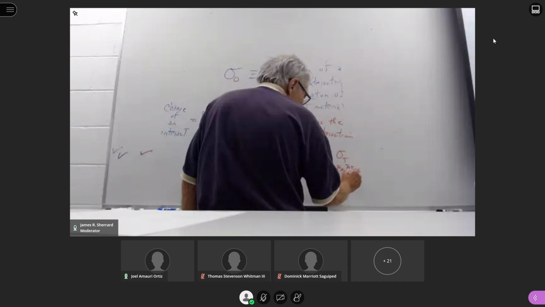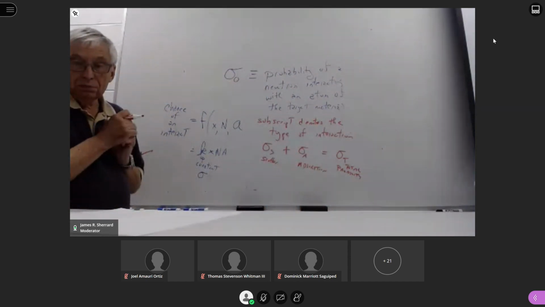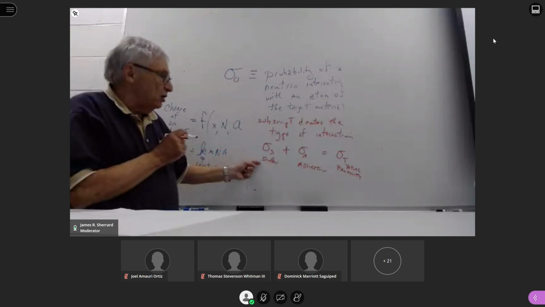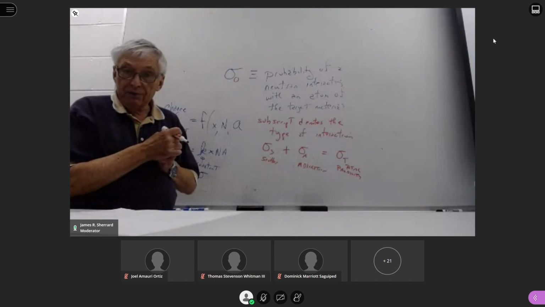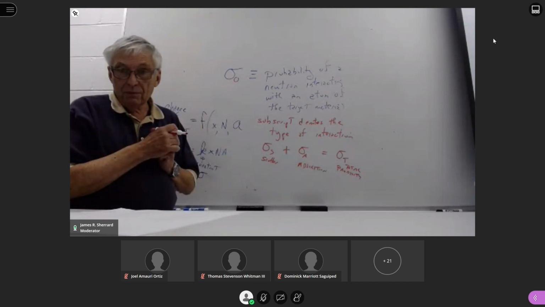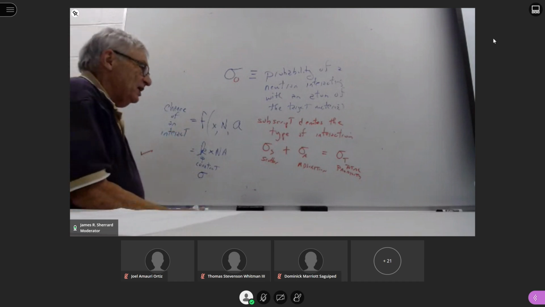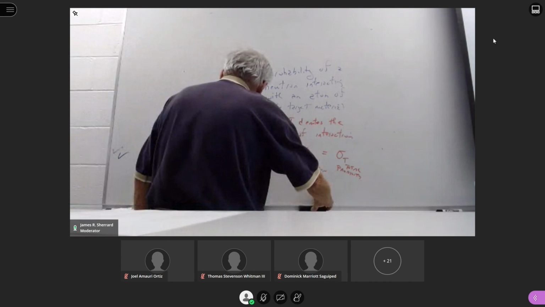Do we have a sigma n for nothing? No. This tells you the probability of an interaction. If it doesn't interact, then nothing happens. But there is no sigma n for nothing. So this is the total probability.